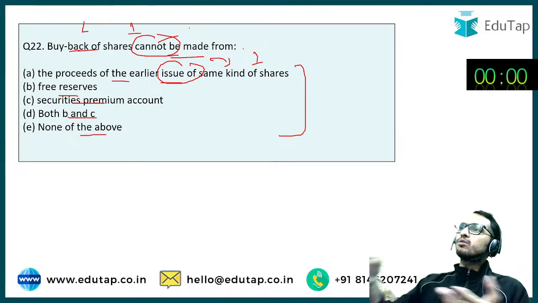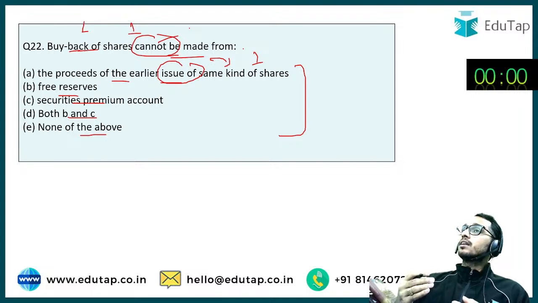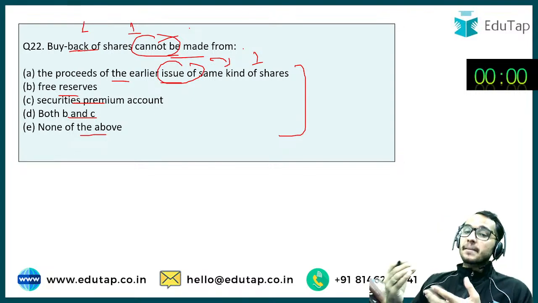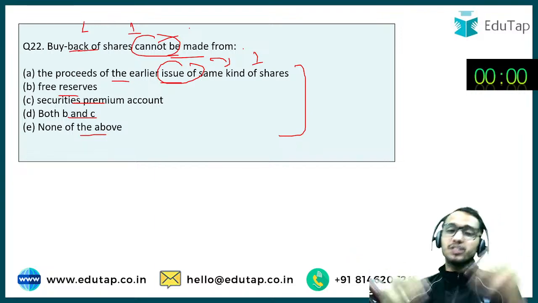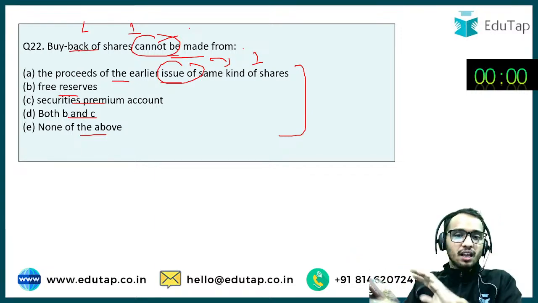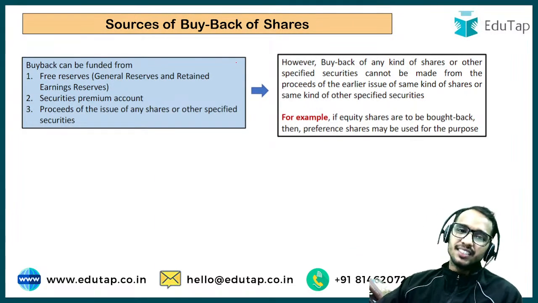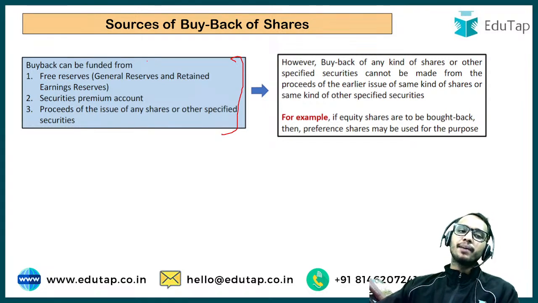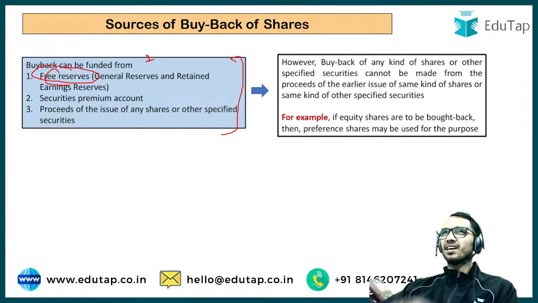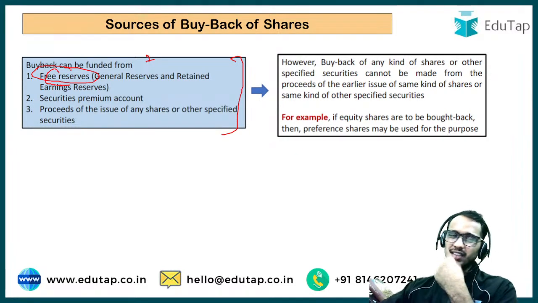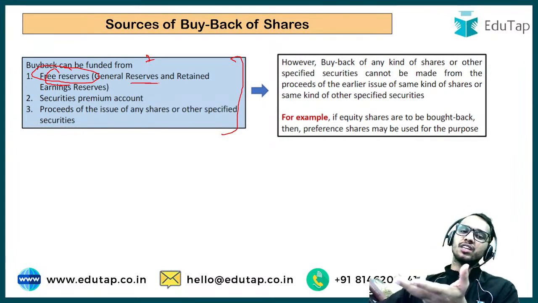What is the logic when first of all, you are raising the fund by issuing the shares, then you are again buying it back? What is the logic of that? So company law doesn't allow that. Okay? So let's read out in detail. Buyback can be funded from what? Free reserve. Free reserve means, I have told you in the beginning when we were talking about the right shares, this includes your general reserve and the retained earnings.